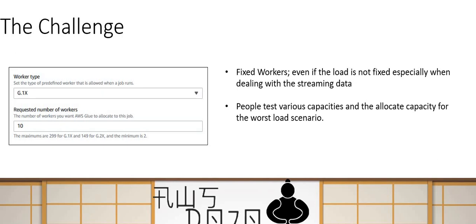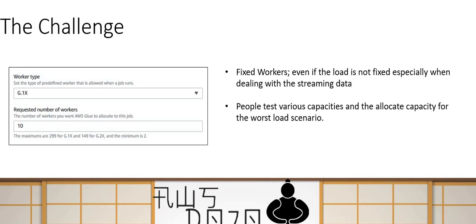It might be high in some seasons, low in some seasons. So even if I'm ingesting sales records from my ERP system, I cannot assume a fixed capacity because my sales is also fluctuating. And here I'm not talking about streaming data. I'm taking a daily dump of my sales data from the ERP system to my data platform.